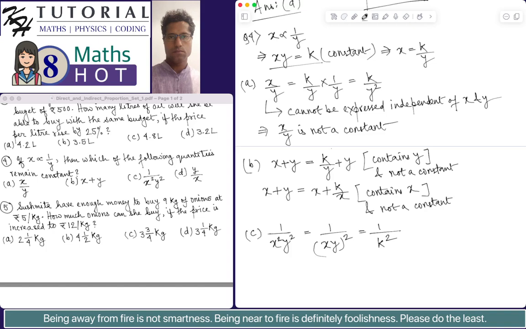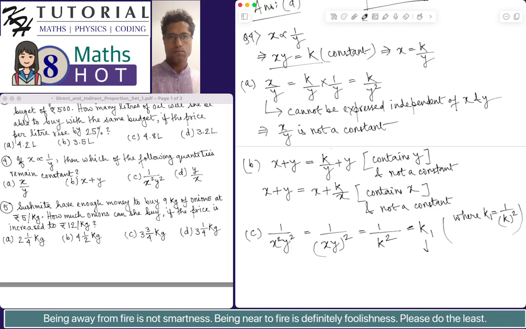Now you can consider this as another constant k1, where k1 is equal to 1 by k square.